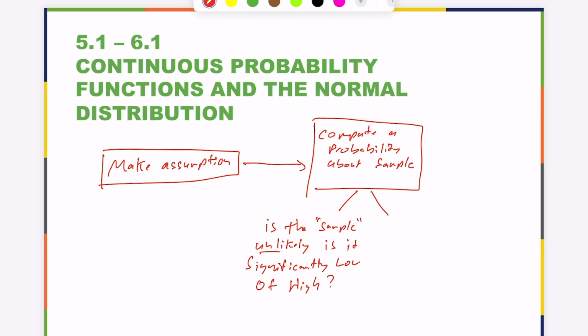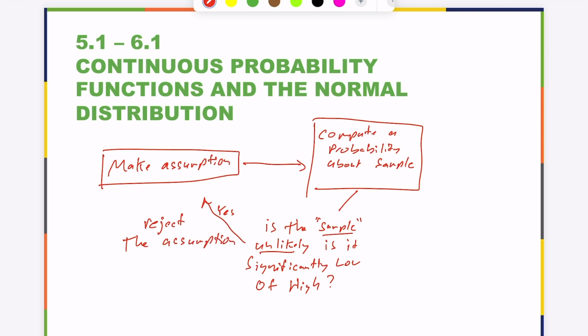Is it unlikely? Is it significantly low or is it significantly high? If yes, so let's see, is the sample unlikely? If yes, then reject the null. Reject the assumption.